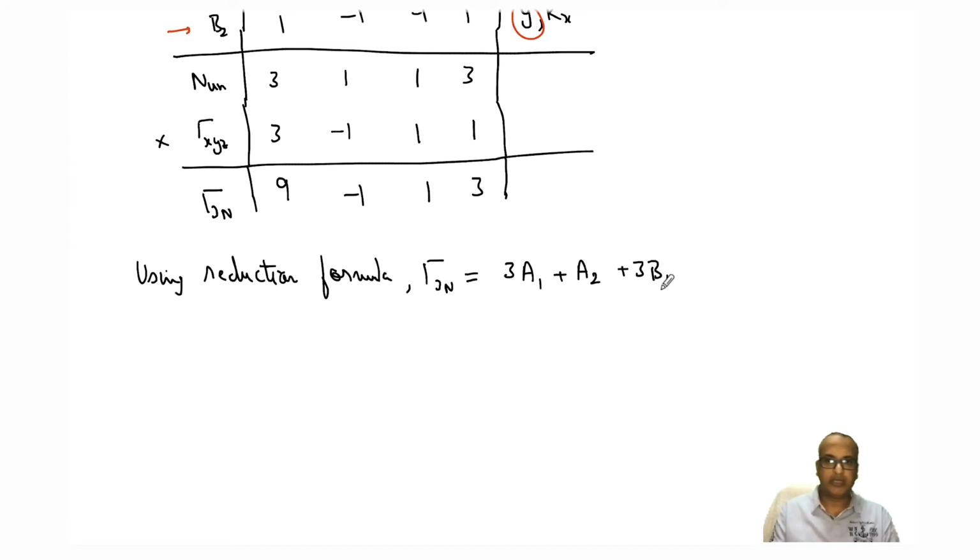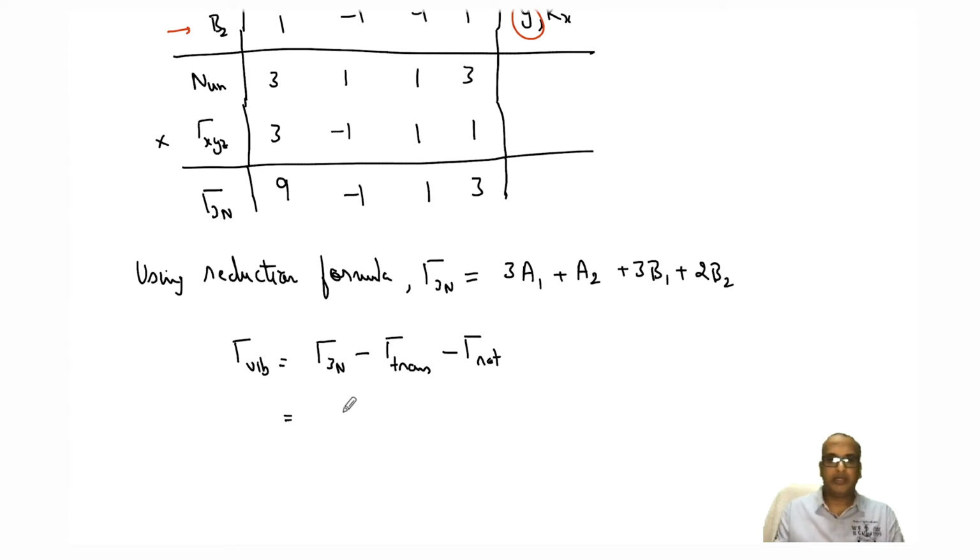Please do it yourself and check this calculation in case I have made any mistake. Now to obtain tau vibrational, you have to use tau 3n and subtract tau translational and tau rotational. Now tau 3n is this, so I will write 3A1 plus A2 plus 3B1 plus 2B2, right?